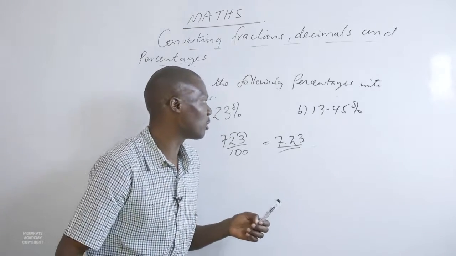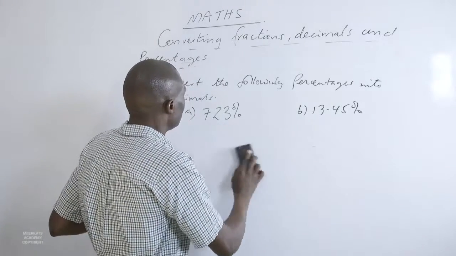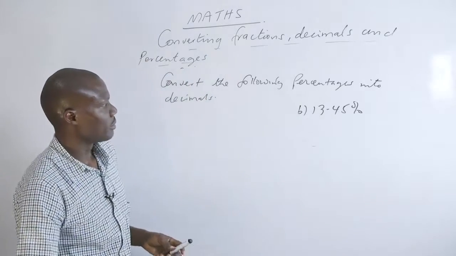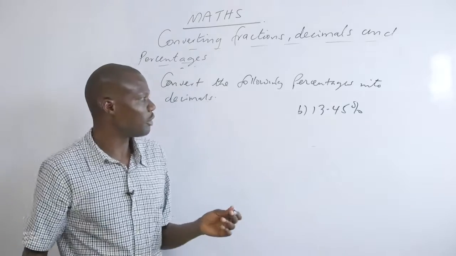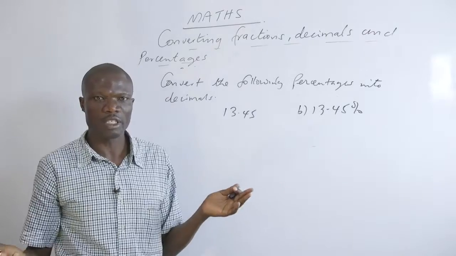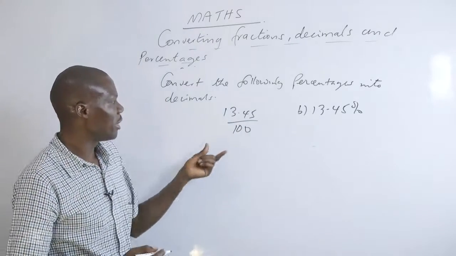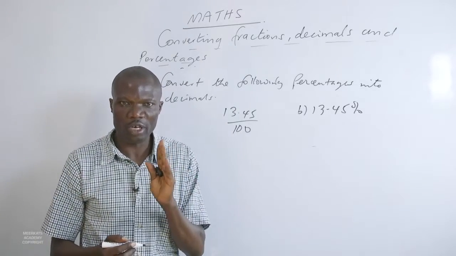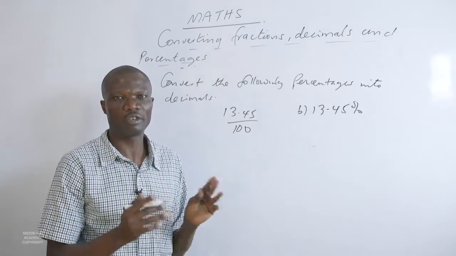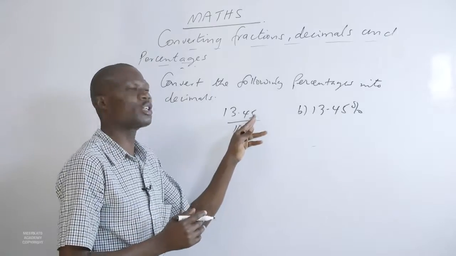Coming to the second one, 13.45%. First, we bring in the denominator out of 100. We know where the decimal point is. We are dividing by 100. We shall move to the left how many steps? 2 steps. You have to make sure that they are strictly 2 steps, not from the end.